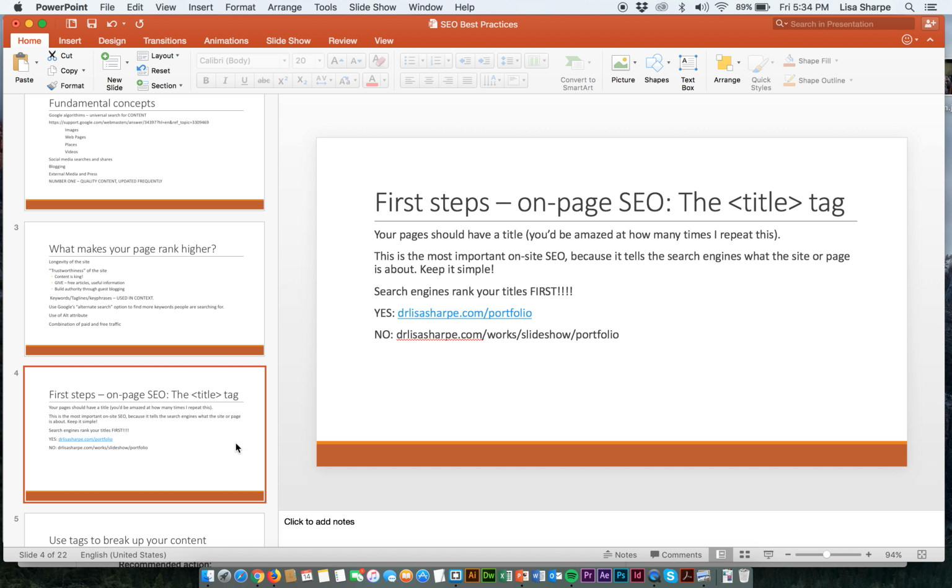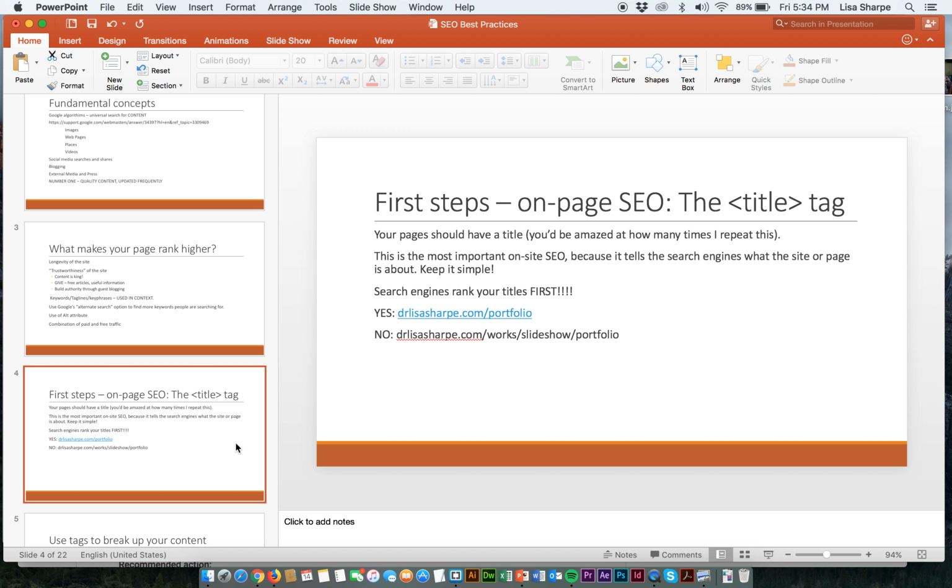Okay, the title tag. Your pages should have a title, and the title is your most important on-site SEO because it tells the search engine what the page is about. So keep it simple and understand that search engines are looking first for your URL, the address of your website, and second for your title.